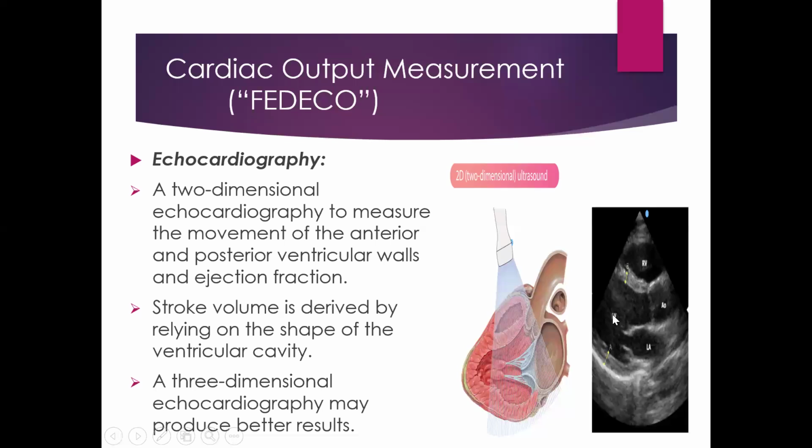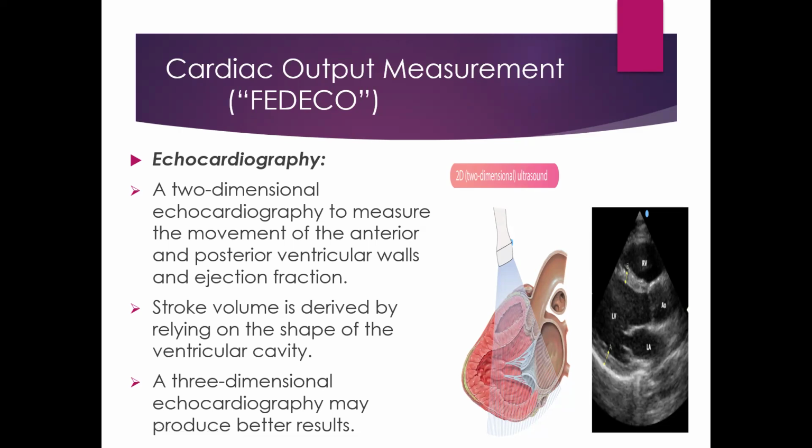You can see the left ventricle on the left side, but if you are using the apical 4 or the parasternal short axis, in fact, the parasternal short axis is better because you see the papillary muscles, and you can see the movement of the ventricular walls, and it is used to visually assess cardiac output.